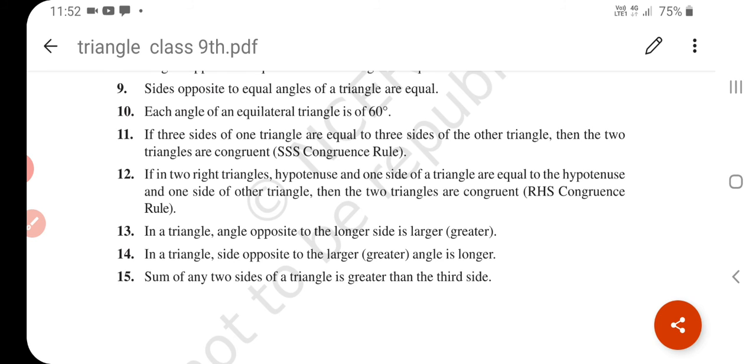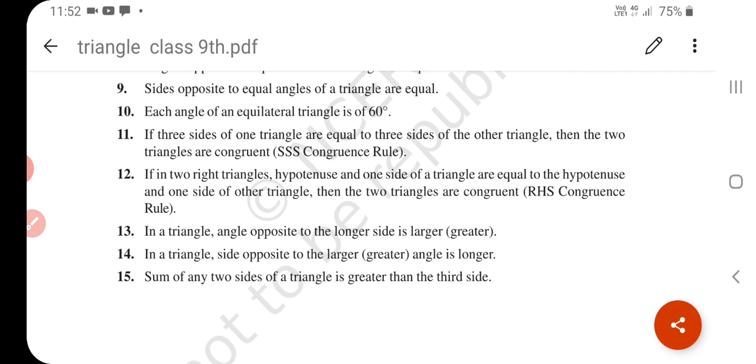And when triangles are congruent, when they are not congruent to each other, and what is the condition for congruency of two triangles. So remember all these things. In a triangle, when the opposite side is longer and when the angle is greater or smaller, all these things we learn in this chapter.